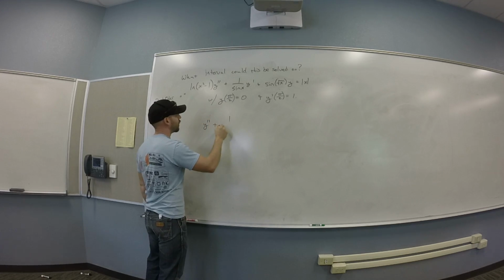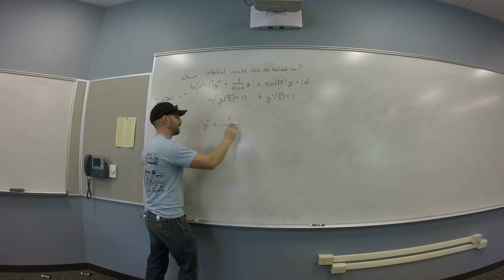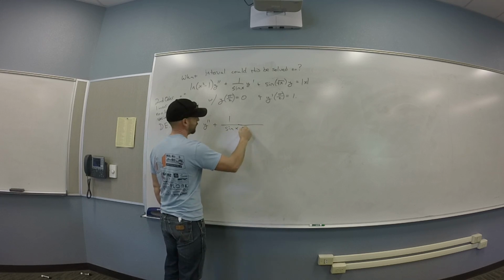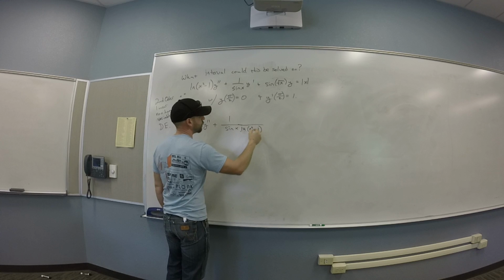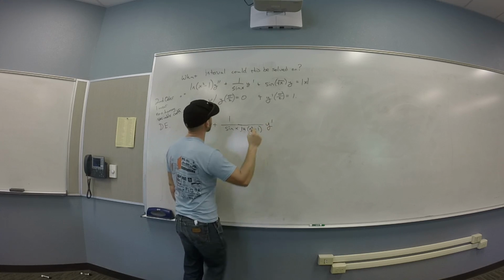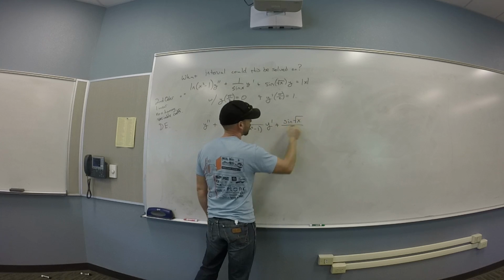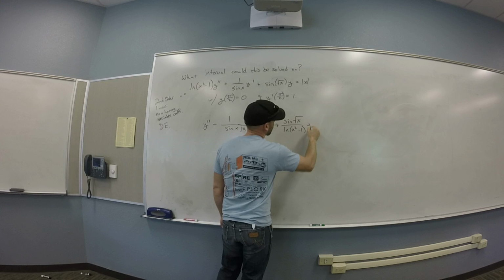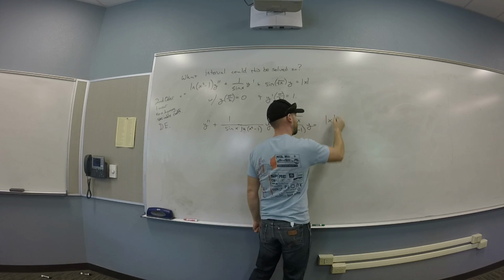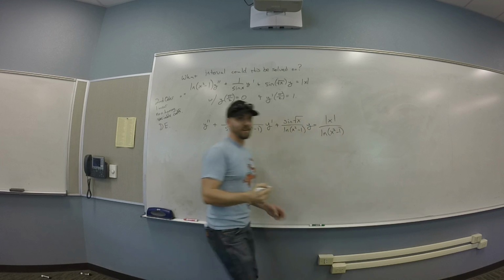So you got 1 over the sine of x divided by that. So you divide through by log of x squared minus 1, and you get all this junk.